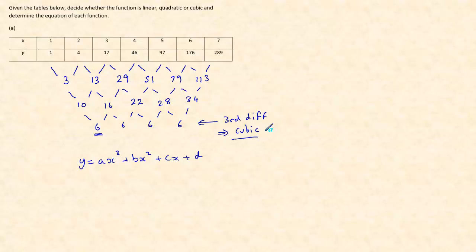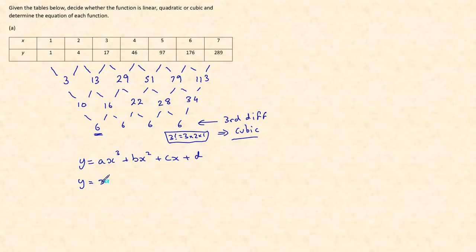When we have a cubic, whatever this difference is, we divide it by 6. The reason it's a 6 is actually because 3 factorial, which is 3 times 2 times 1, is equal to 6. You don't need to know that at this stage, but I'm just telling you that's why it is. So 6 divided by 6 is 1, so we know that a is 1.